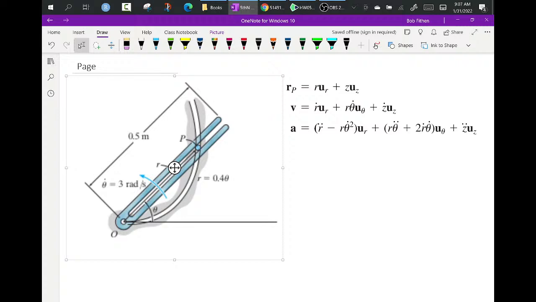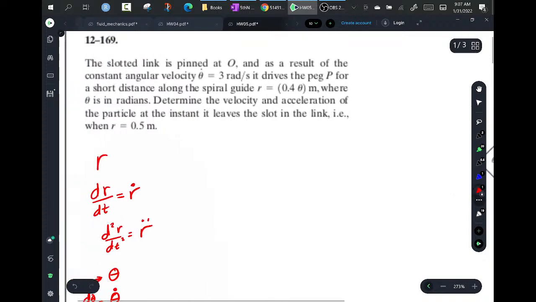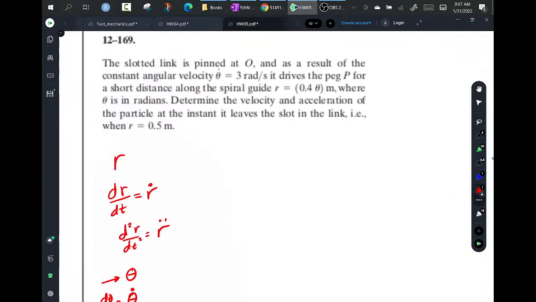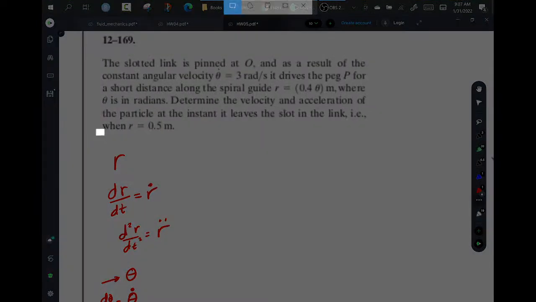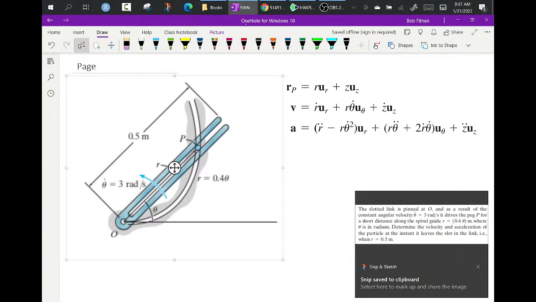And I'm going to grab the text and put it over here as well. I guess I'll put it below it.